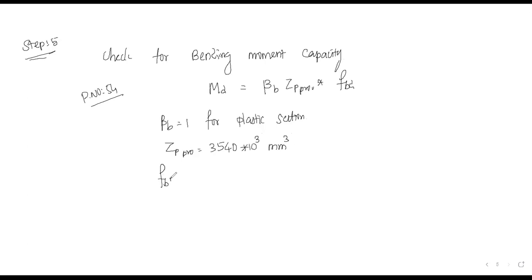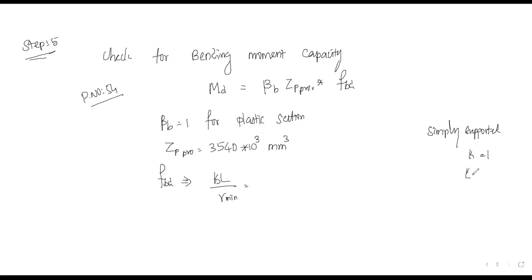So for fbd, first I need KL by r minimum value. The beam is simply supported, so K value is 1.